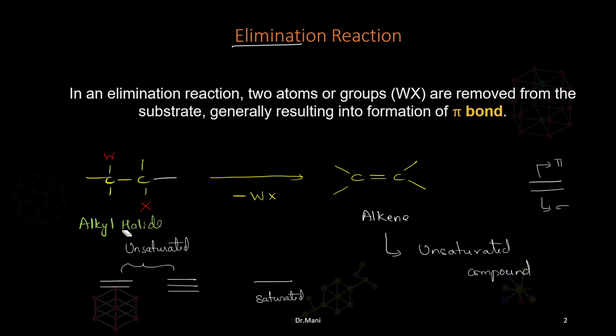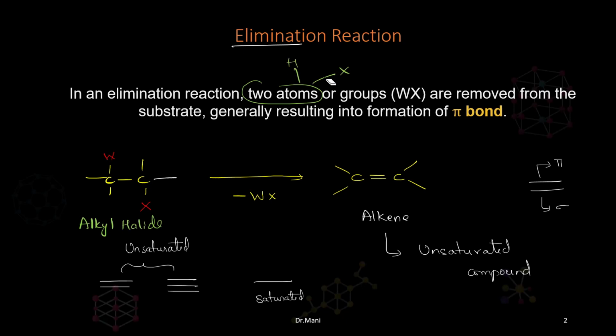In an alkyl halide there is a halogen group and there are hydrogens present. From this alkyl halide, you are removing the halogen group and you are removing the hydrogen. That's why it is called an elimination reaction. Why? Because we are removing two atoms or groups of atoms. One is the halogen group, the other could be hydrogen.